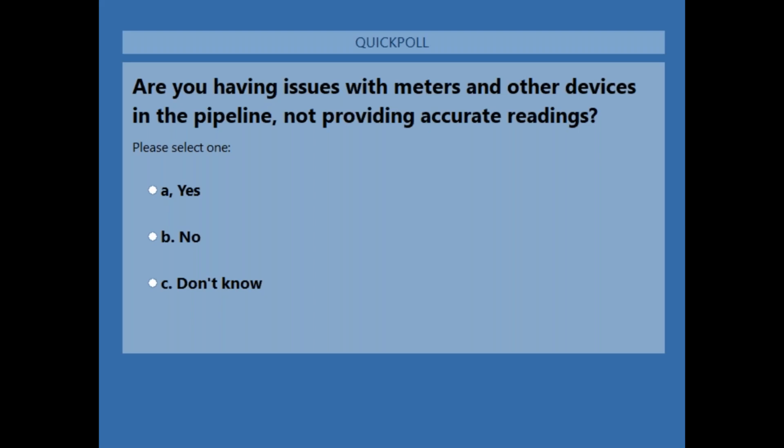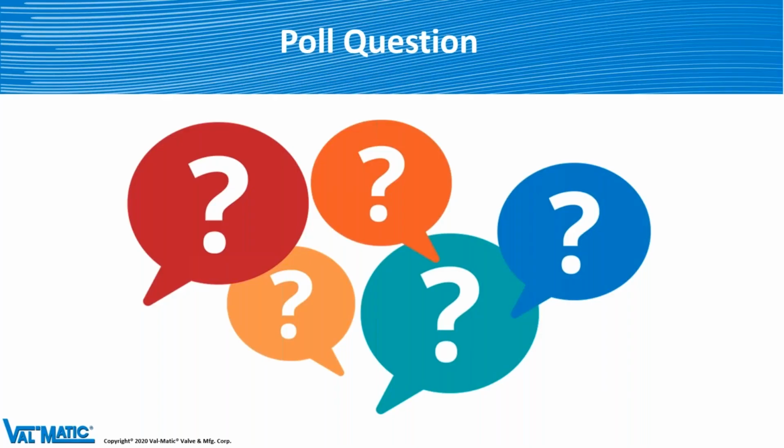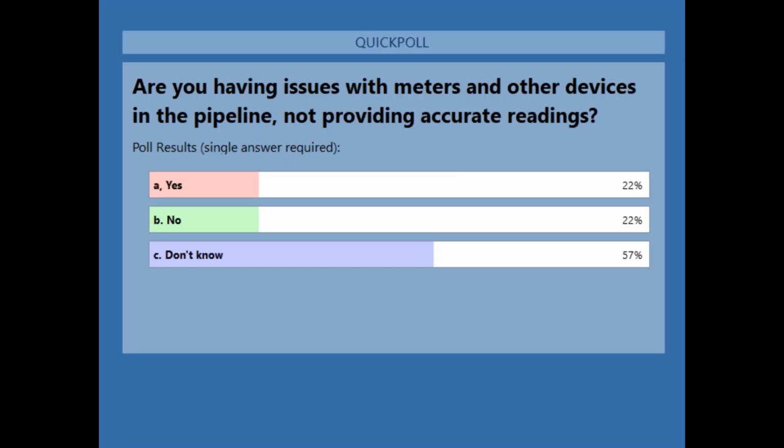Looks like we got just about everybody responding to that one, so I'm going to close this out and share it with everybody. So here are the answers. Yes and no are identical, and don't know is 57%. I've talked to a lot of people on sales calls, and they're saying, I can't get my meters accurate, and I don't know what's going on.